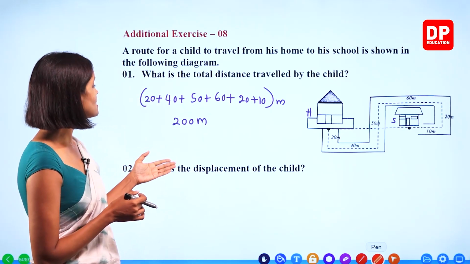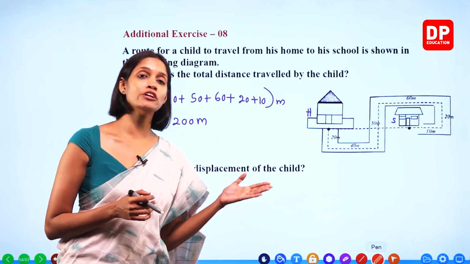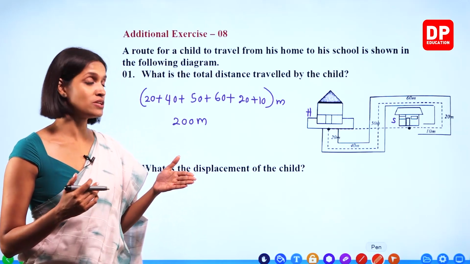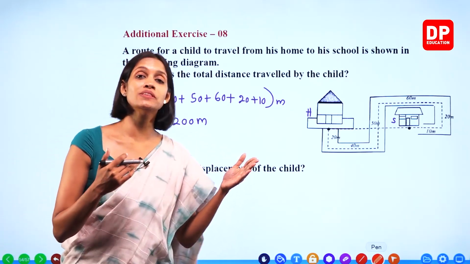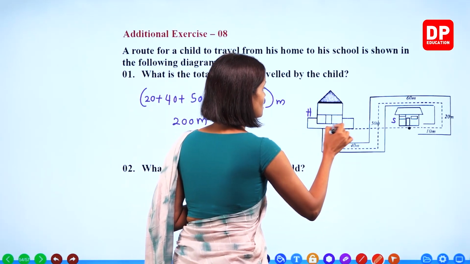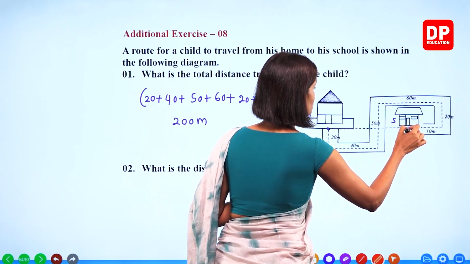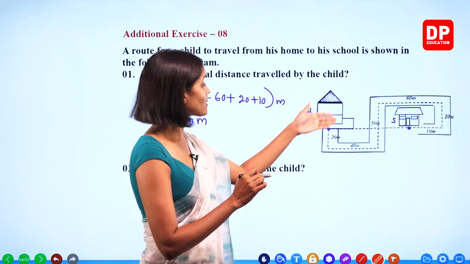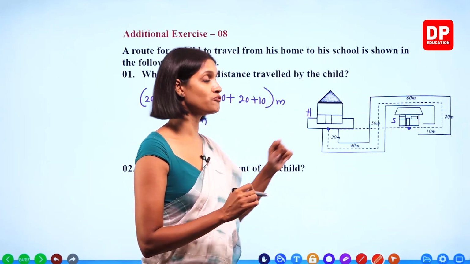Right? What is the displacement? What is the meaning of displacement? The linear length between the start and the end. If this is the start, if this is the end, that length is not given. But using these other lengths given, we have to find it.